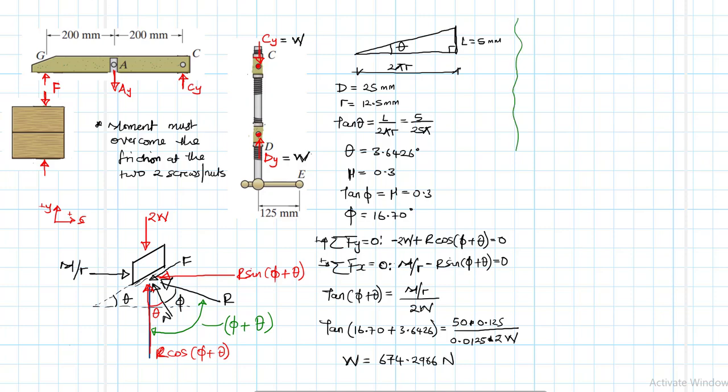Having found W, which is 674.2966, we now take moments about A. Summation of moments about point A: minus F times 0.2 plus Cy, which is 674.2966, times 0.2 equal to 0.